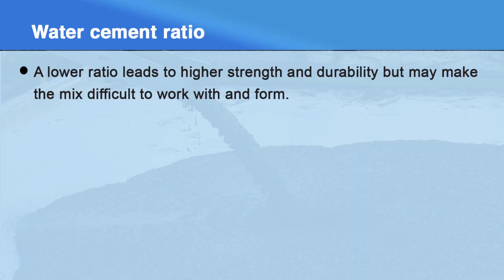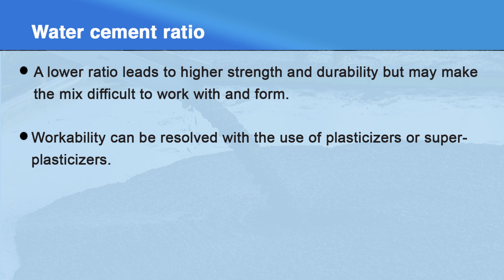We have discussed the water cement ratio at length in the previous lecture. A low water cement ratio leads to higher strength and durability, but it may make the mix difficult to work. The workability can be resolved with the use of plasticizers or superplasticizers if a lower water cement ratio is used.